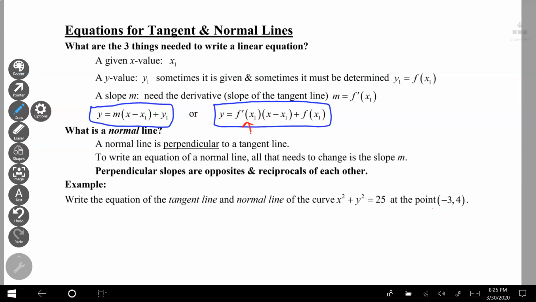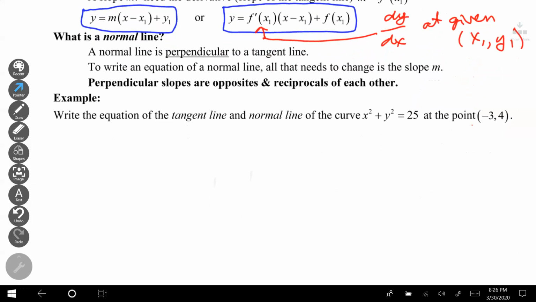So f prime of x is really the dy over dx at some given x and y value. You'll have to be told what those are. And a normal line is just perpendicular to the tangent line, and you know how to make opposite reciprocals. None of this is new.